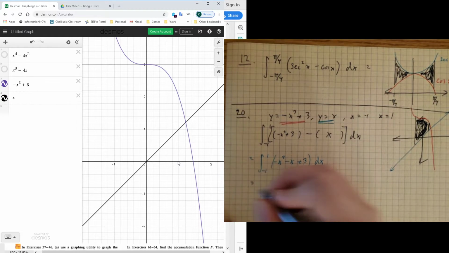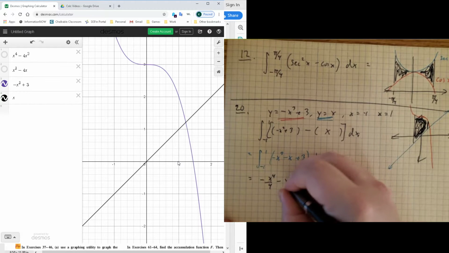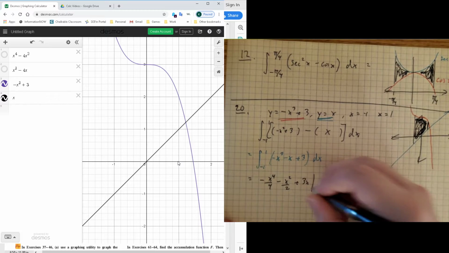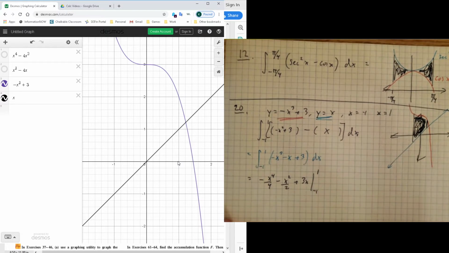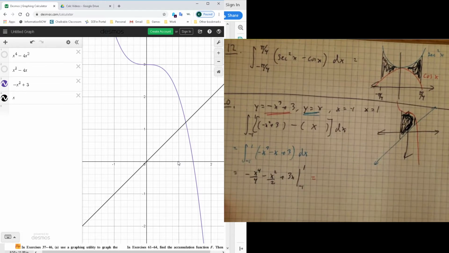When I integrate, I would have negative x to the 4th over 4 minus x squared over 2 plus 3x evaluated from negative 1 to 1. And now I can actually plug some of those things in and start getting solutions.